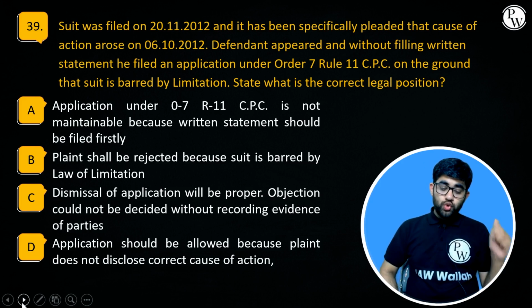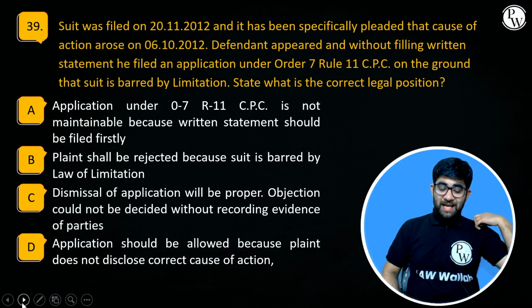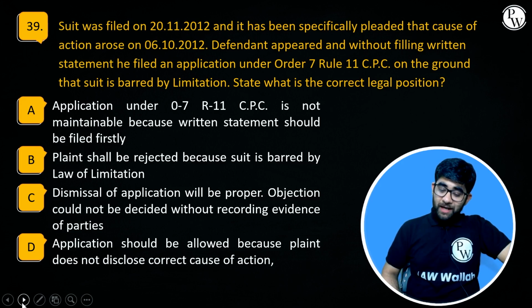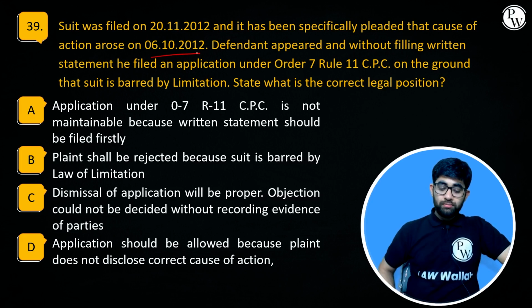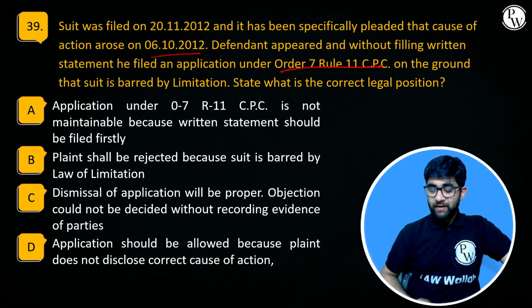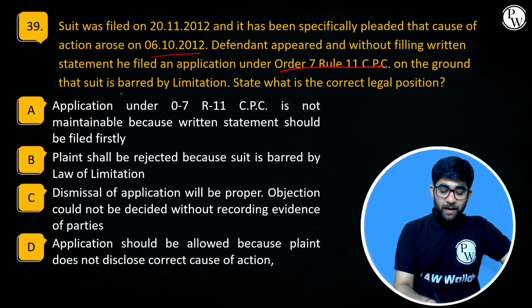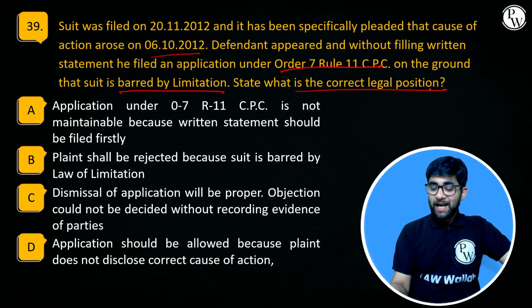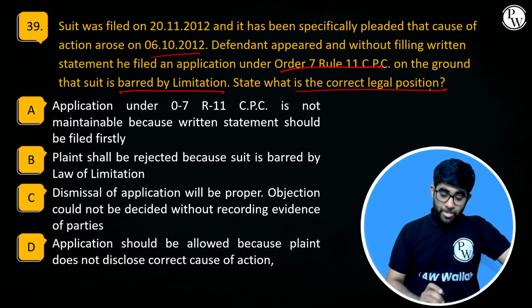Now, suit was filed on 2011-2012 and it has been specifically pleaded that cause of action arose on 6-10-12. Defendant appeared and without filing WS, he filed an application under Order 7 Rule 11 on the ground the suit is barred by limitation. State what is the correct legal position.